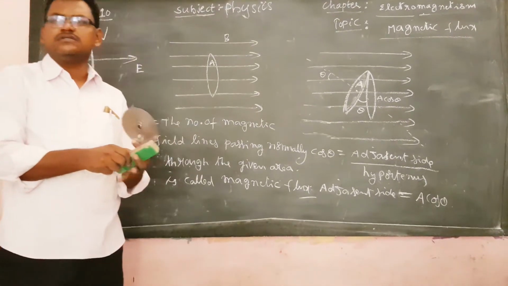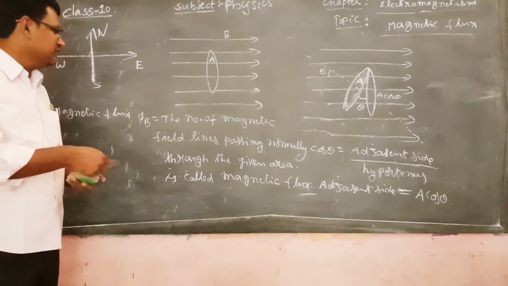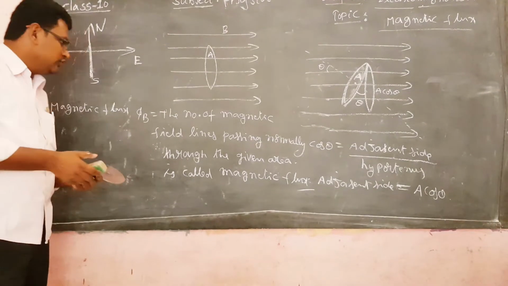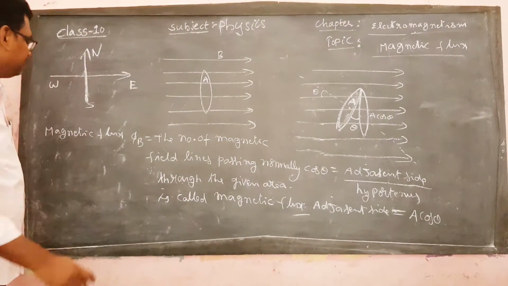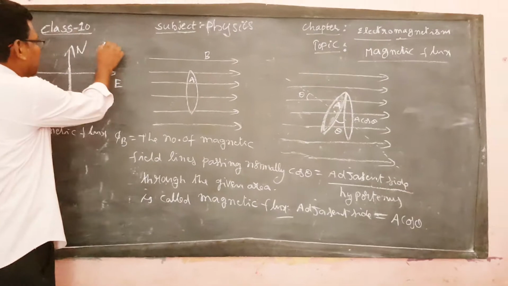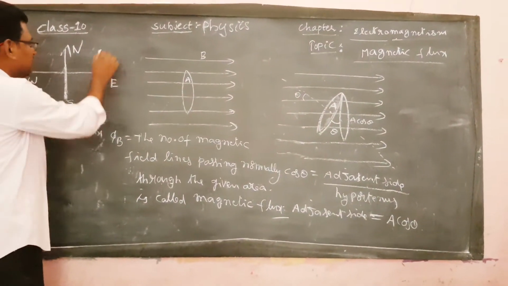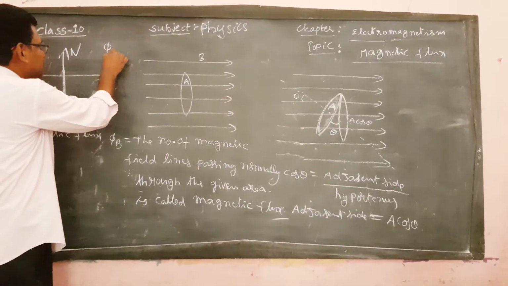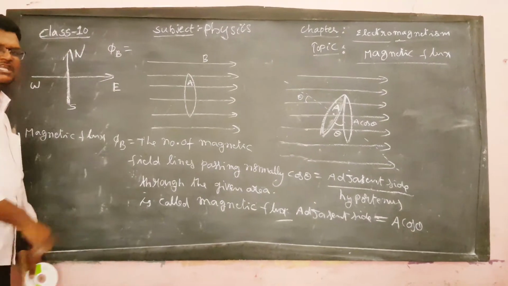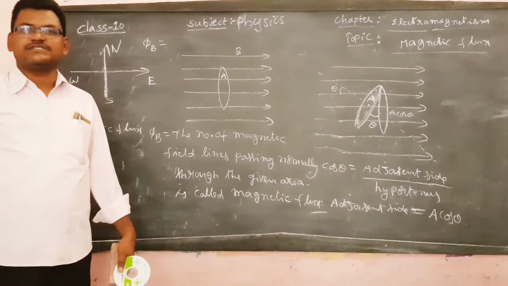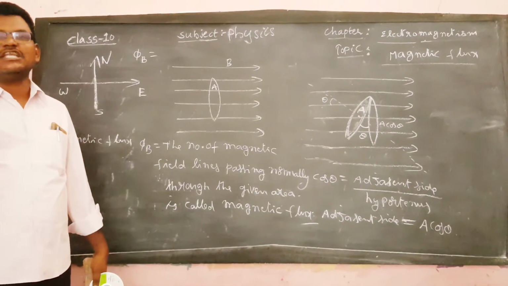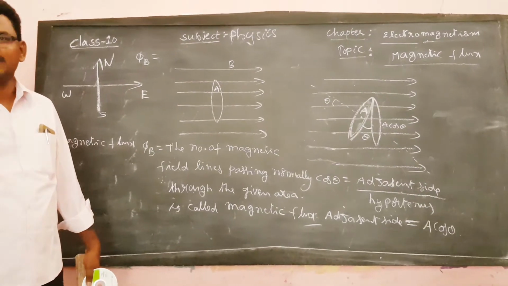Now let's see how we can write it using the mathematical form. Magnetic flux phi B is equal to the number of magnetic field lines, which is directly proportional to the magnetic field.